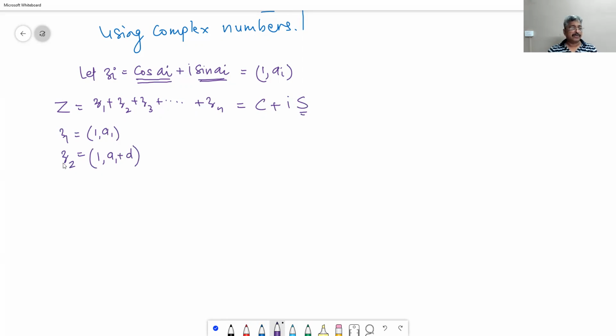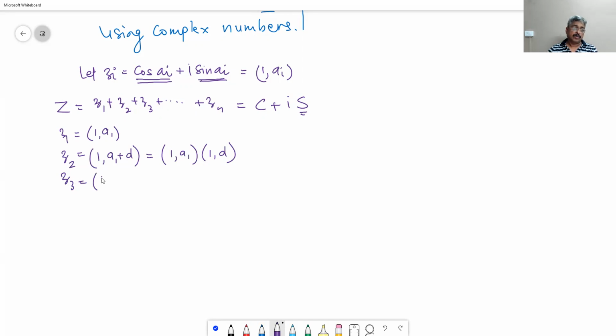That equals (1, a1) into (1, d), because arguments get added and magnitudes get multiplied.